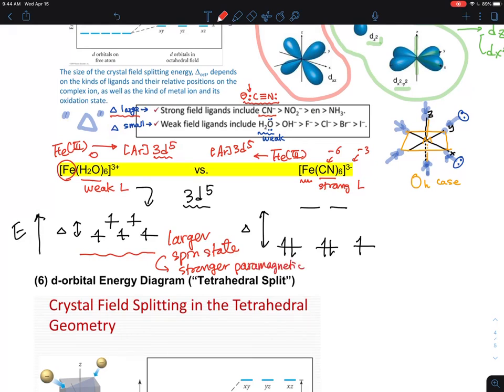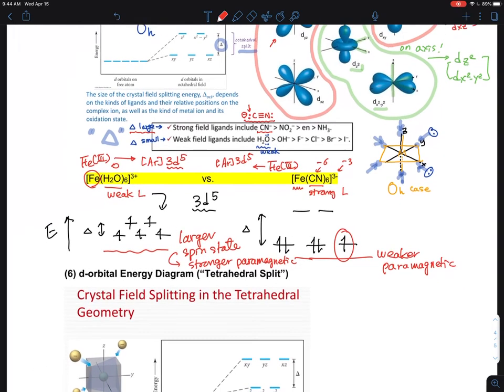Okay, I'm not saying that this is diamagnetic. This one is paramagnetic too, but this is just a weaker paramagnetic. Okay, so this energy diagram is very powerful for you to think about.